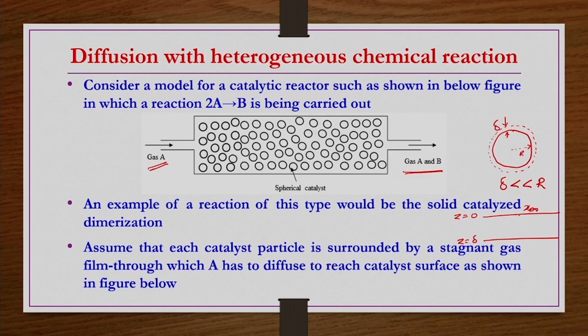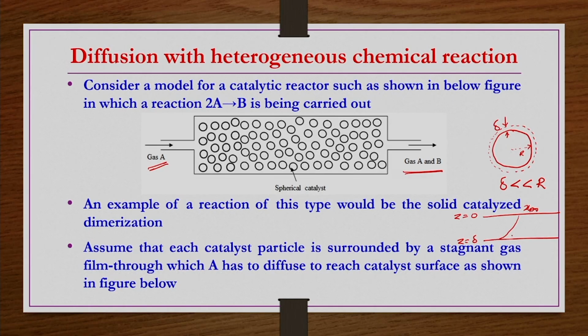Then, as it moves, the reaction takes place at Z equals delta, and depending on the fastness or order of the reaction and the rate constant of the reaction, the concentration of A at the catalytic surface would be accordingly determined. If it is an instantaneous and irreversible reaction, whatever A is there immediately reacts and forms B within a very short time.